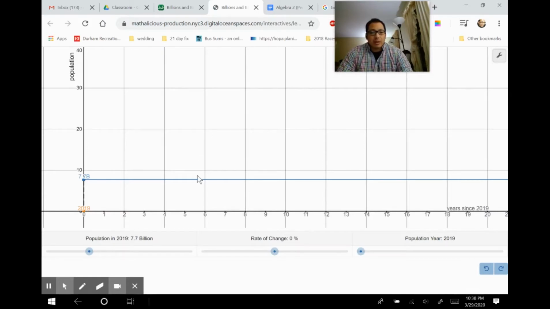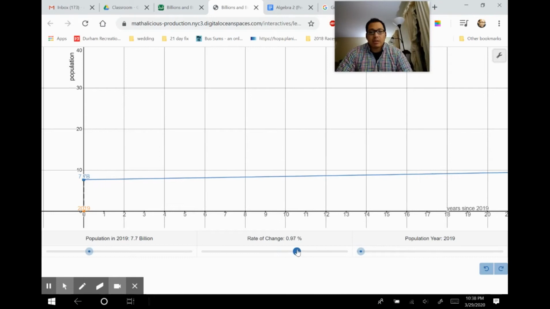Actually play around with the graph and see how our answer compares to what you get from this graph. You're going to have to change the percent rate of change, and you can scroll that to whatever we said the rate of change was, and then you can scroll ahead in time and see how many people there will be in the next 10 years. Go ahead and try that out.